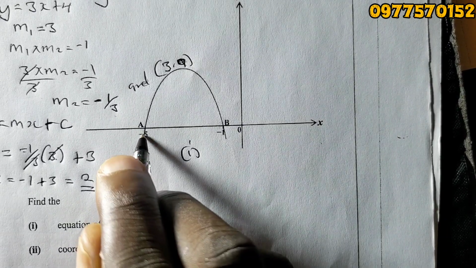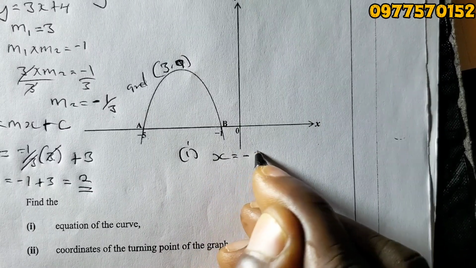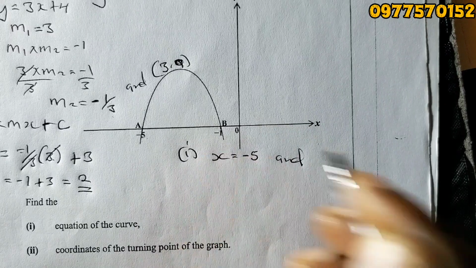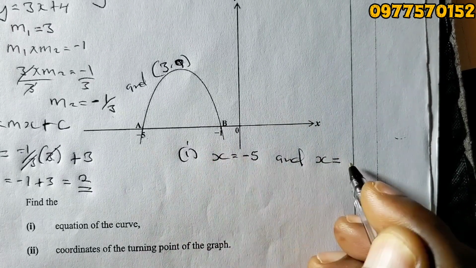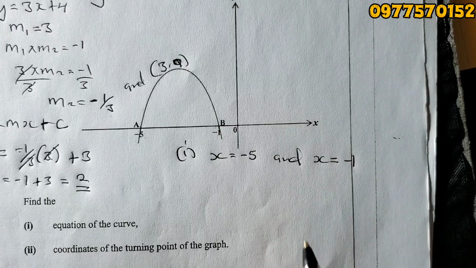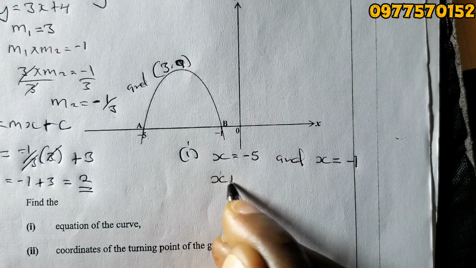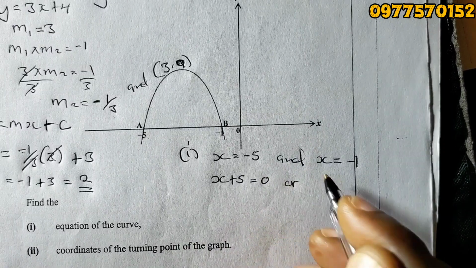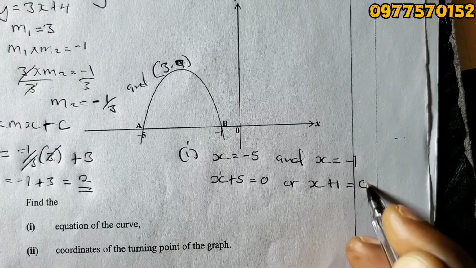Here x equals -5, and here x equals -1. So we take these to this side. We say x plus 5 equals 0. And x plus 1 equals 0.